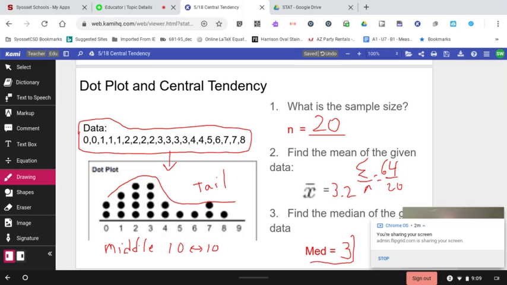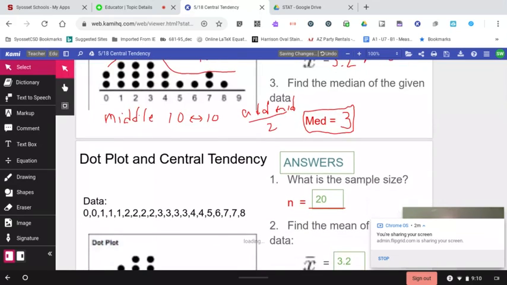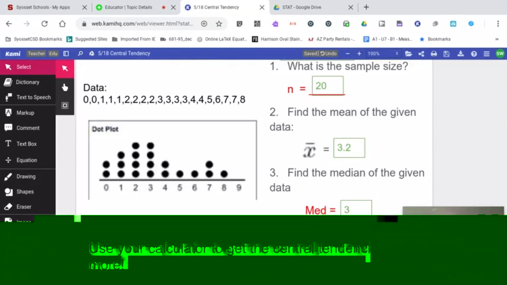If I got two different numbers, I would simply add the two middles and divide by 2. So here are the answers.